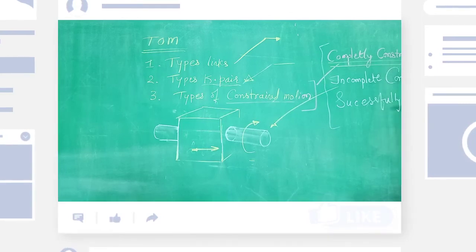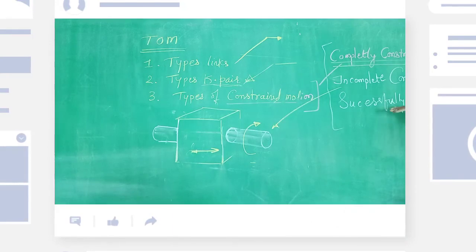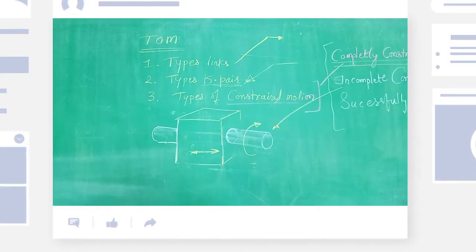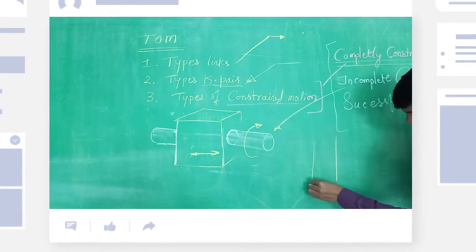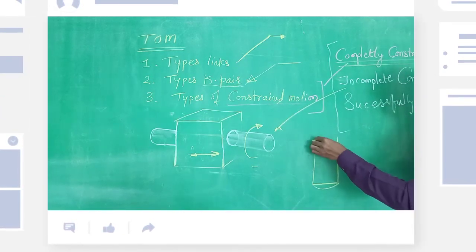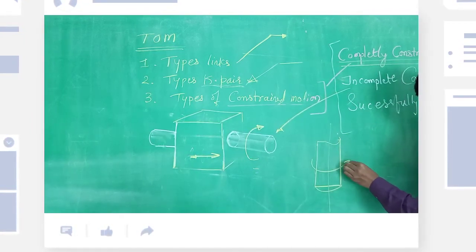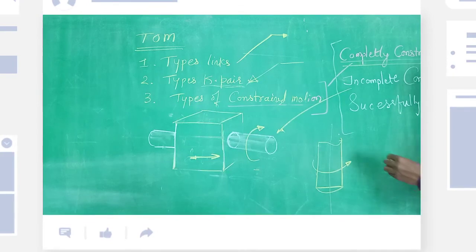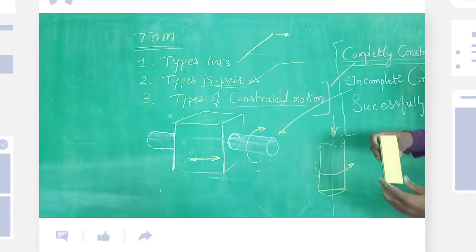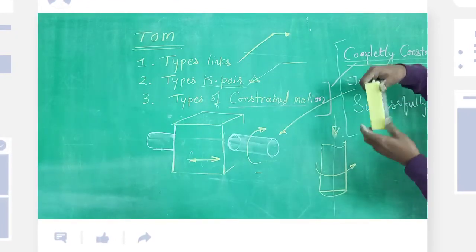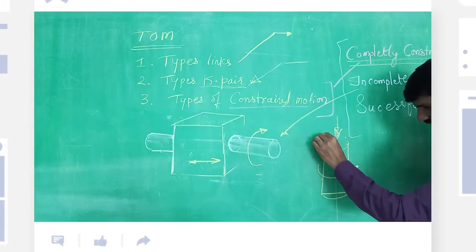Again, successfully constrained motion. You have to understand what is successfully constrained motion. If you take one shaft, this shaft can make the rotation and also give the up and down motion, the same shaft, right? It can simultaneously make the rotation and also give linear motion.